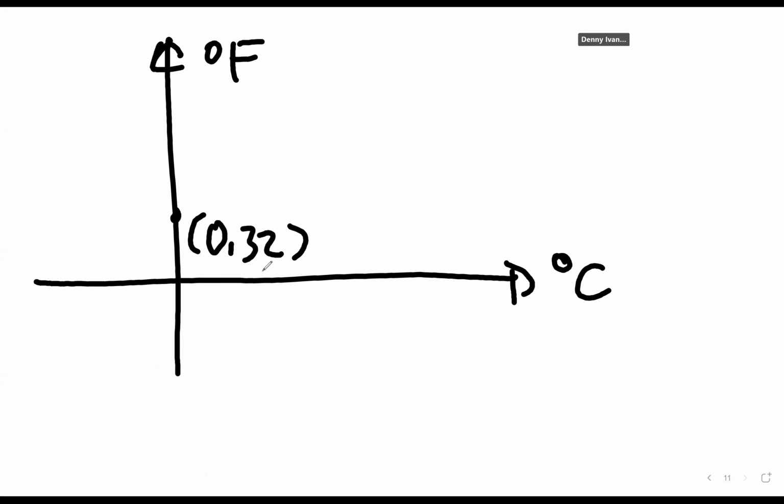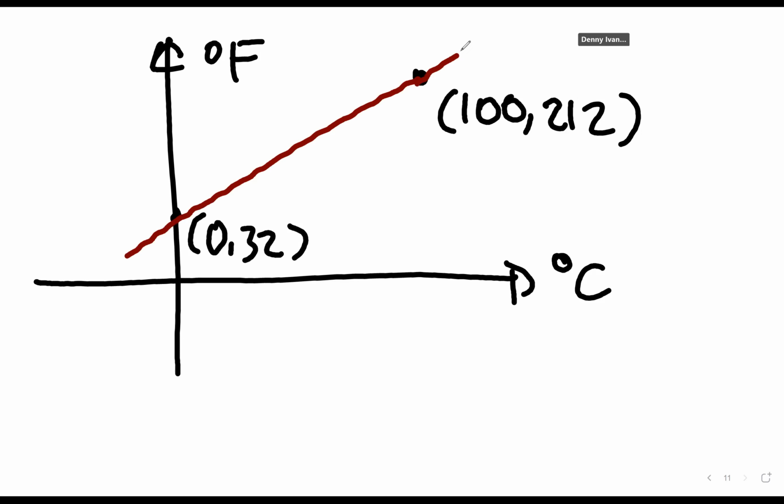And when we have 100 degrees Celsius, we have 212 degrees Fahrenheit, so we have another point, (100, 212).